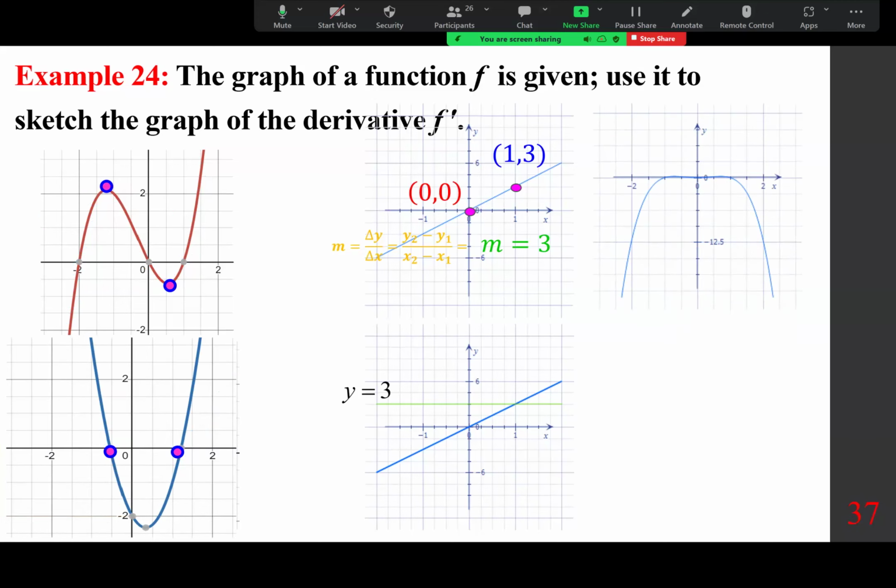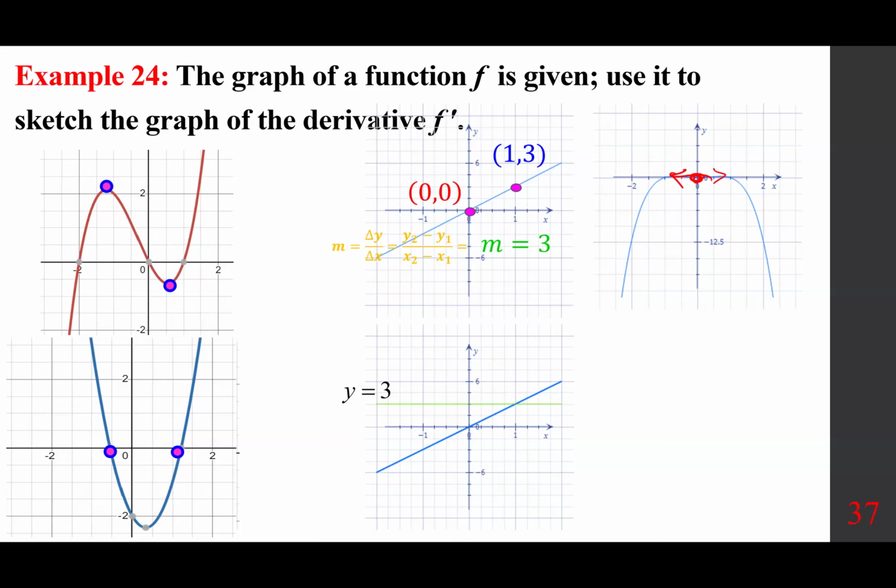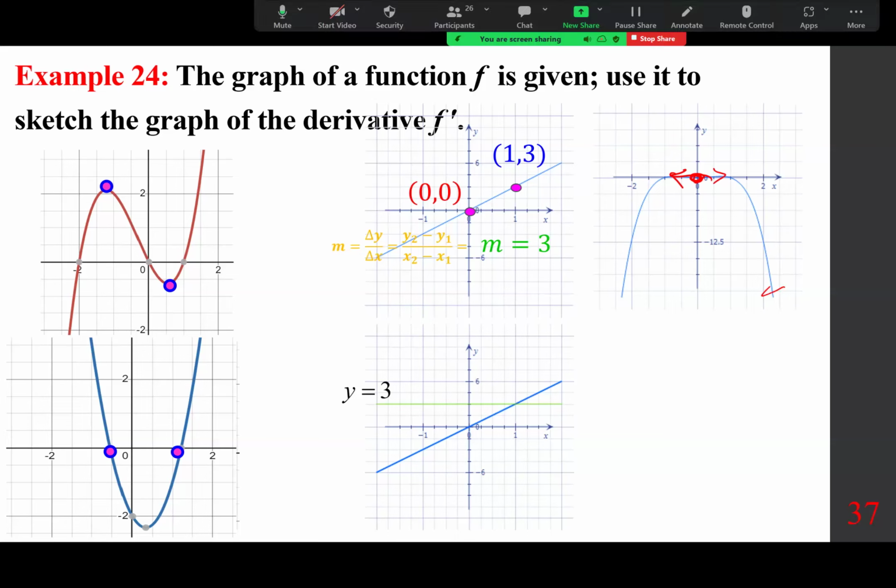What about this? Quickly, we recognize this corresponds to 0 on the graph of f prime of x. F prime is negative here below the x-axis. Okay.